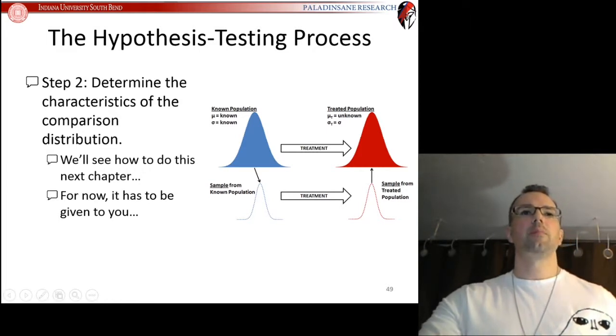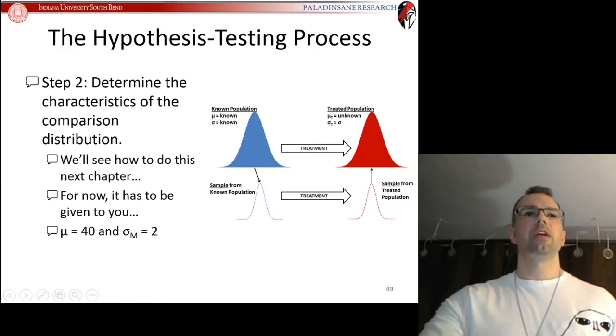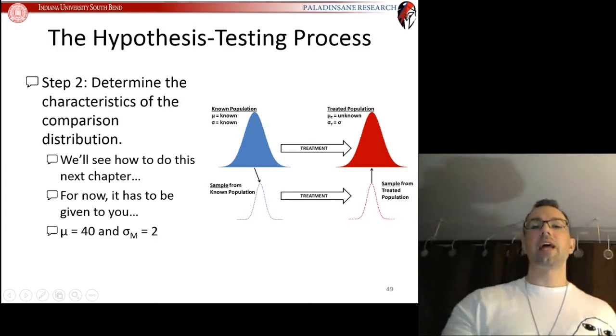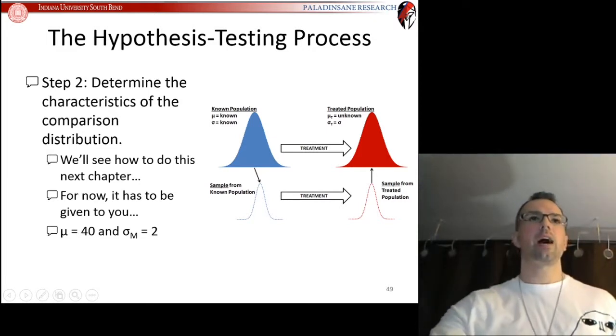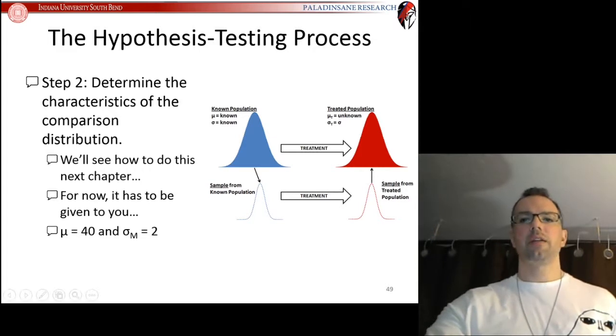And you can see this in the fact that the population distribution had a mean of 40 and a standard deviation of 8, and our comparison distribution, while it still has the same mean, has a different standard deviation. So we'll see how to calculate this when we get to chapter 6. For right now, step 2 is done. I'll give you that information.